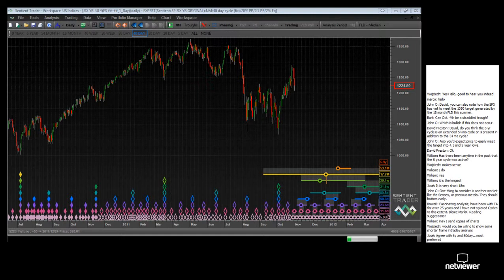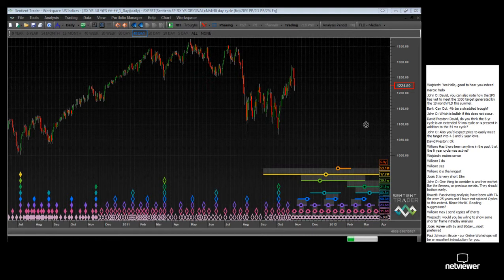How do you mean, to the forum? Gosh, there's lots going on in the chat window. William, you can send copies of charts to the forum. The forum is available for everybody to post to. We invite your comments. You cannot upload charts, unfortunately, to our NetViewer session. But if you have Sentient Trader open on your computer, we can all take a look at your computer and see what it's saying.